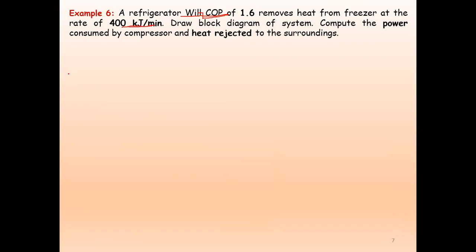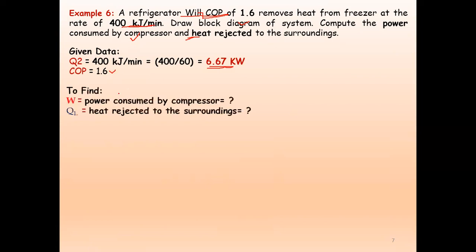Draw the block diagram of the system and compute the power consumed by the compressor as well as the heat rejected to the surrounding. So the given data: Q2 is 400 kilojoule per minute, that is 400 divided by 60, 6.67 kilowatt. COP is 1.6, it is given. So we have to find out the power consumed and the heat rejected to the surrounding.